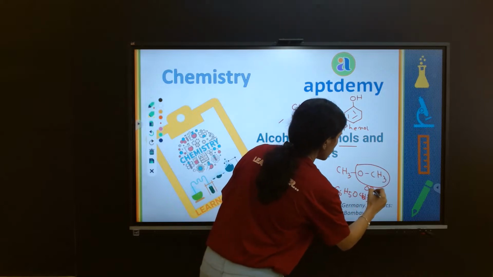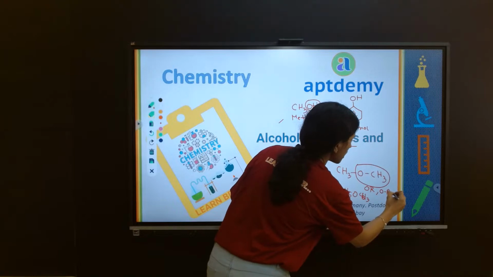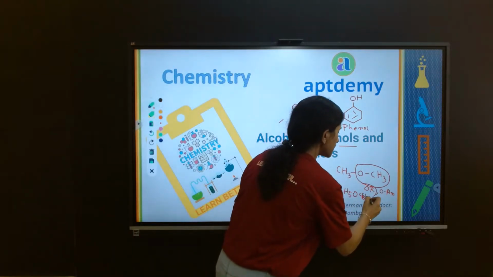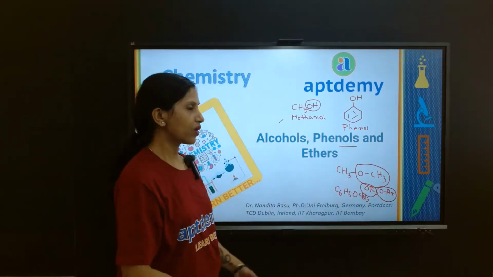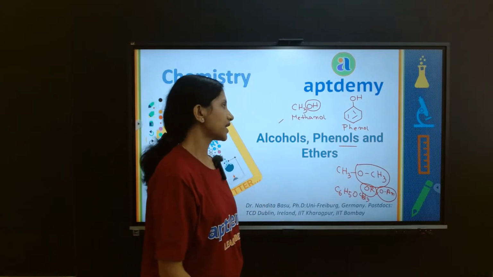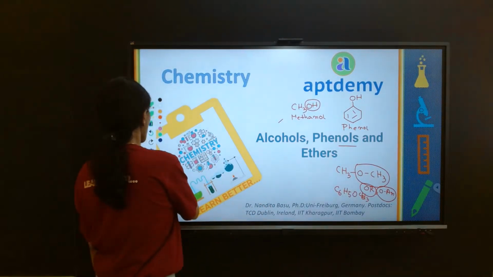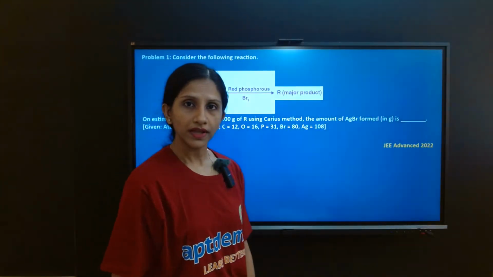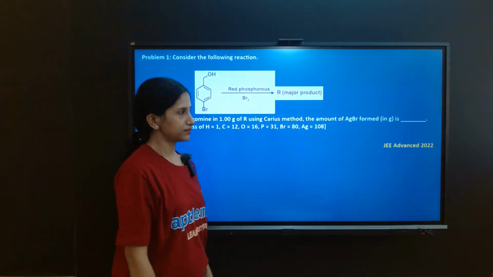So OR or OAr. Ar means aromatic group. So if one hydrogen is getting replaced by OR or OAr, that is alkoxy or aryloxy group, ether kind of compounds are generated. So I hope you are now introduced well with the compounds that we are going to cover here. Now let's get started with the problems.